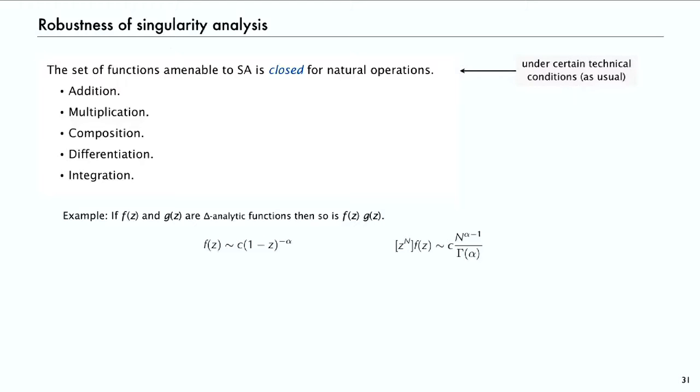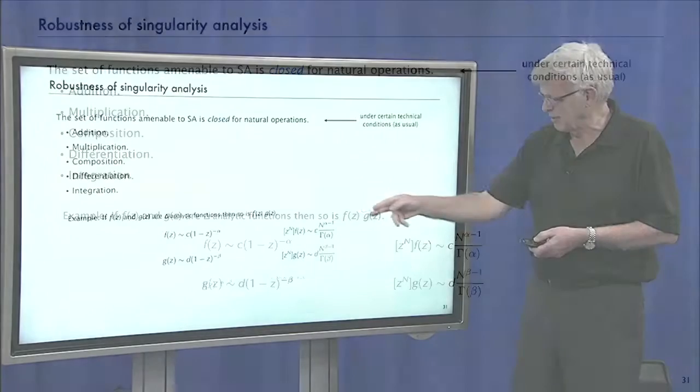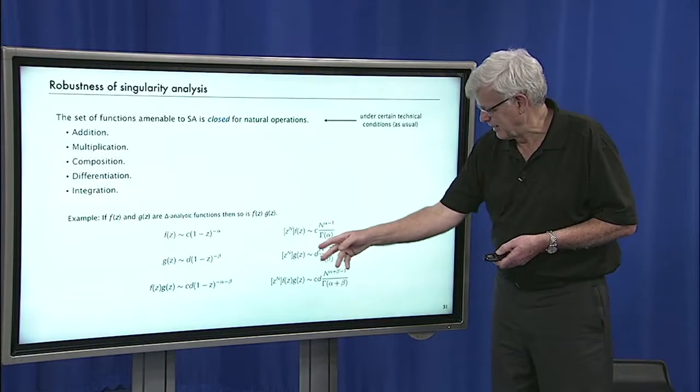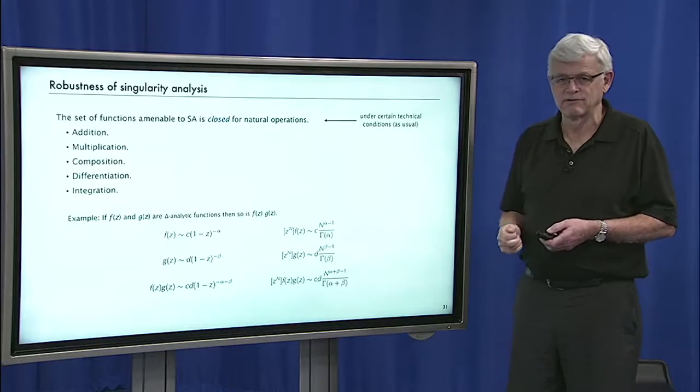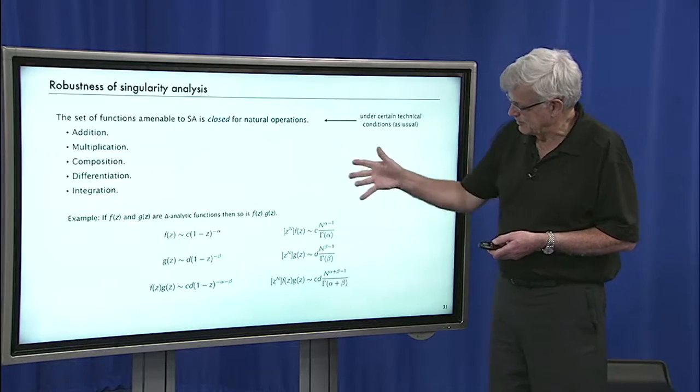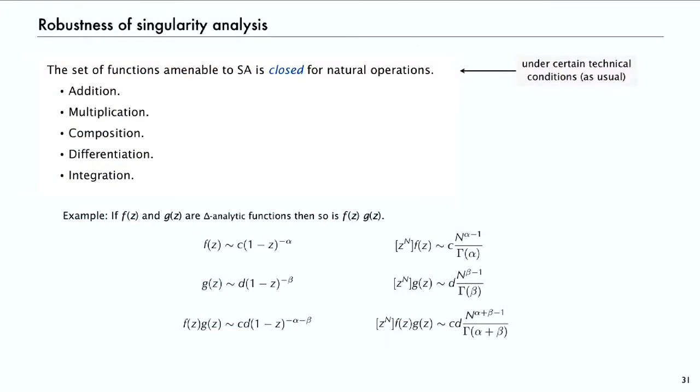Because you can approximate f, say, in terms of (1 minus z) to the alpha, and you approximate g in terms of (1 minus z) to the beta, and then you can pull out the approximations of their coefficients. If you multiply those two functions together, then you can immediately pull out the coefficients of the product. So if you can do f(z) and g(z), you can do the product.